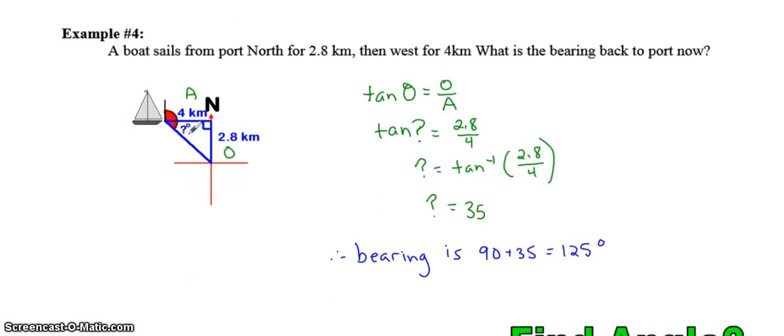For the second question, it marked right here what the angle was. You were trying to solve for this angle right here. So this was the opposite side. This was the adjacent side. So you were also using the tan formula. The only difference with this question is because it talks about a bearing, which originates from the north.